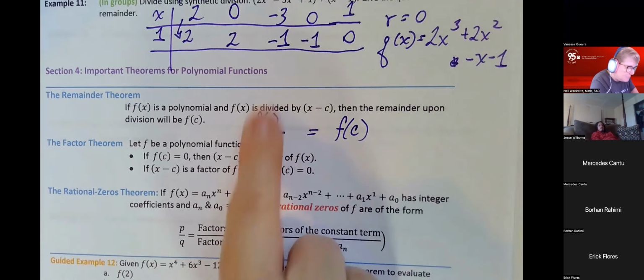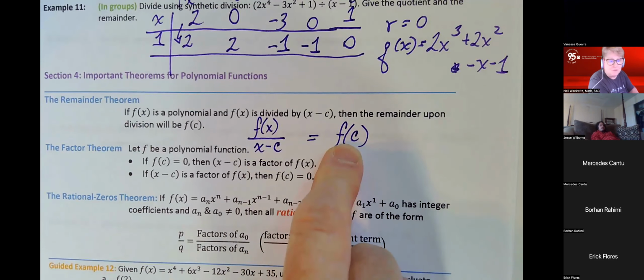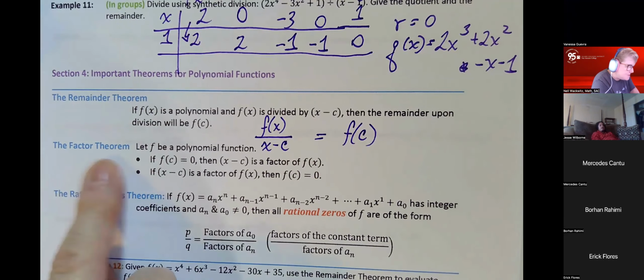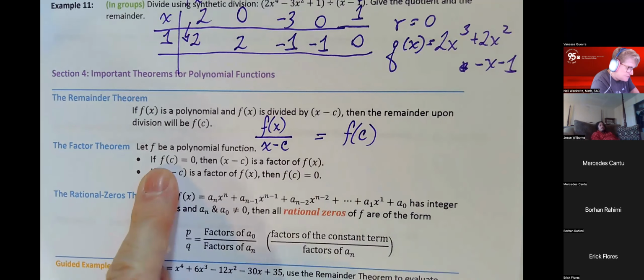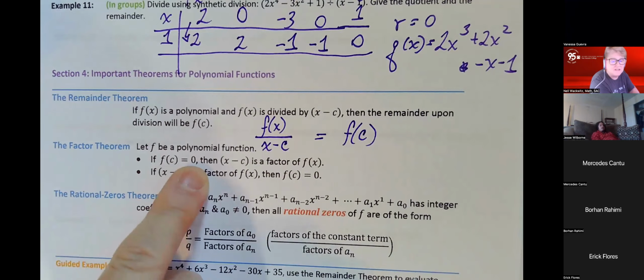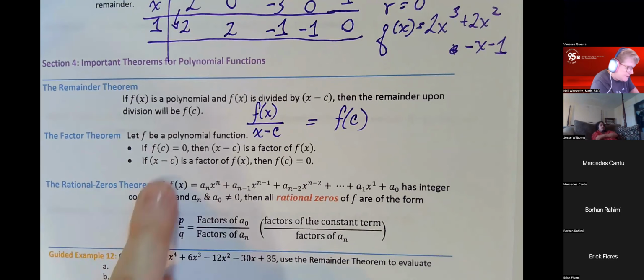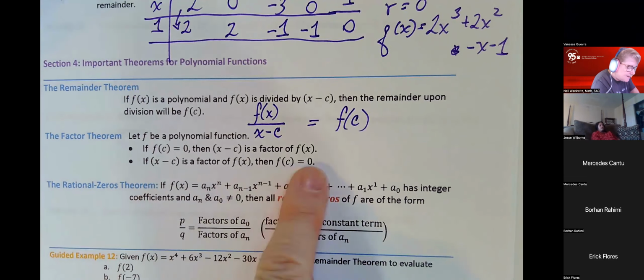That means that the remainder when you divide is equal to the remainder when you just plug in. The factor theorem says if x minus c is a factor, then I plug in c, I get 0. And you can do it the other way around. If x minus c is a factor, then when I plug in c, I get 0.